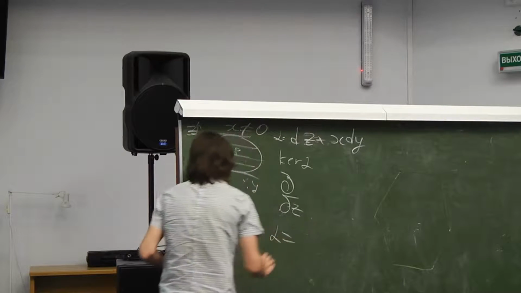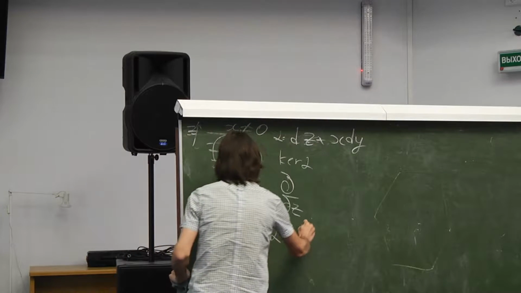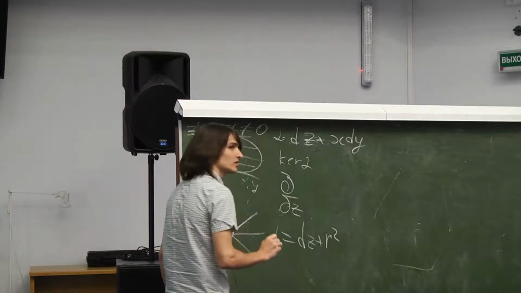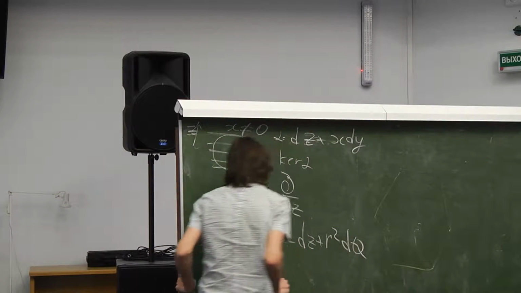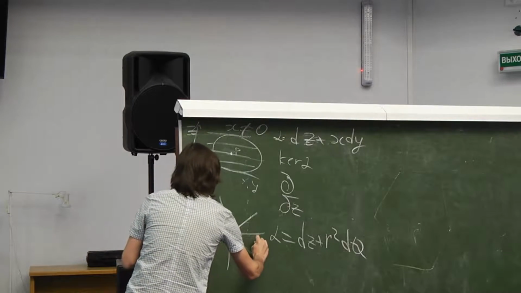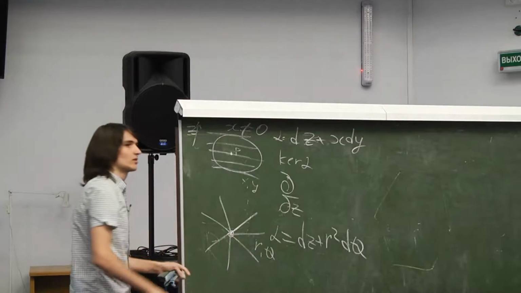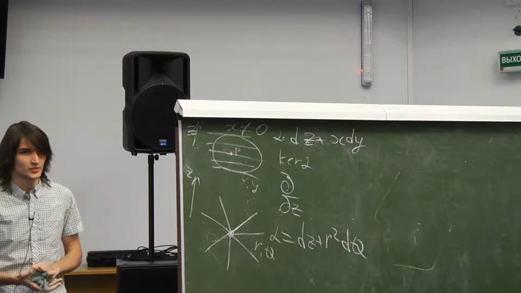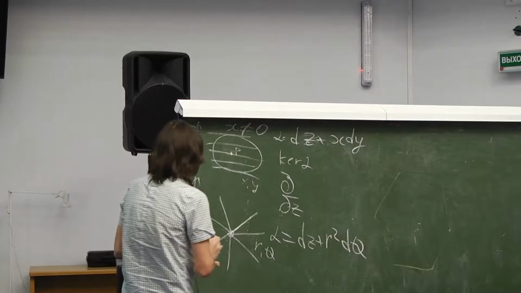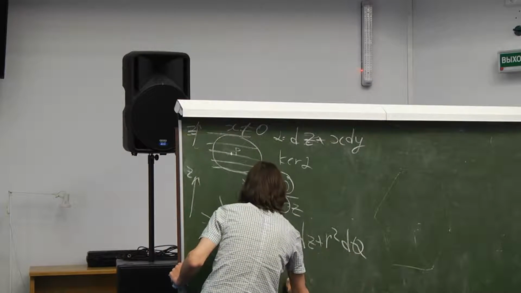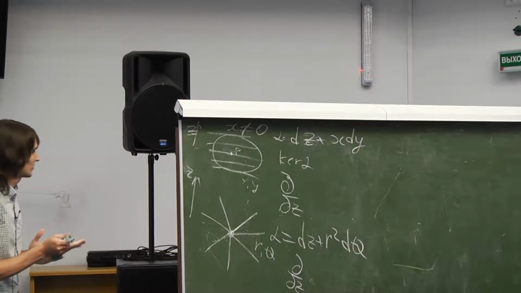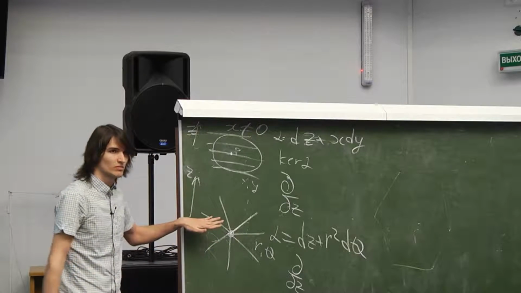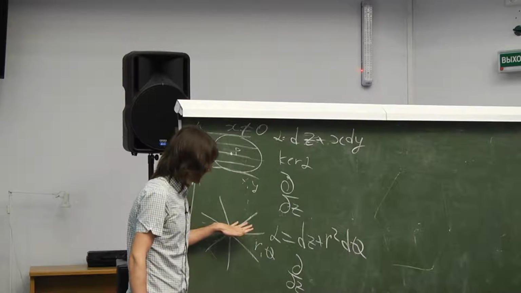Now the form is dz plus r squared d theta, where r, theta are polar coordinates on the surface, and z is the transverse coordinate. Then again, you can take the vector field d over dz, and locally our surface, the horizontal plane, is convex.